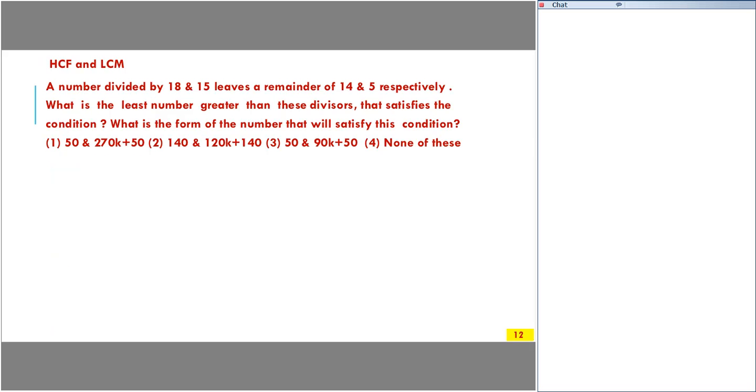That means 15b plus 5 should be equal to 18a plus 14, or not? What is 15b? 18a plus 9.